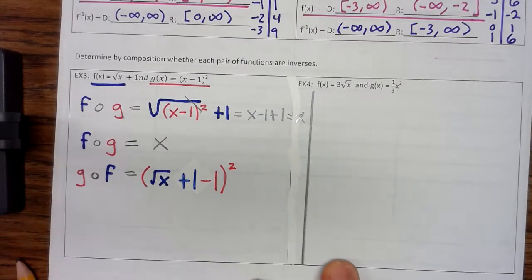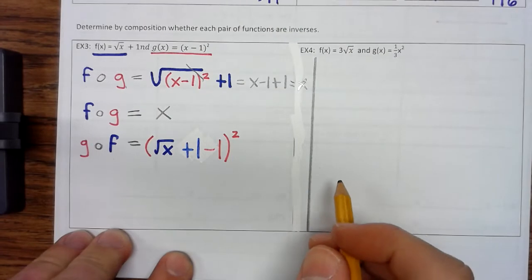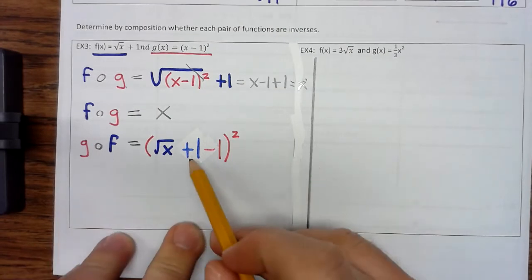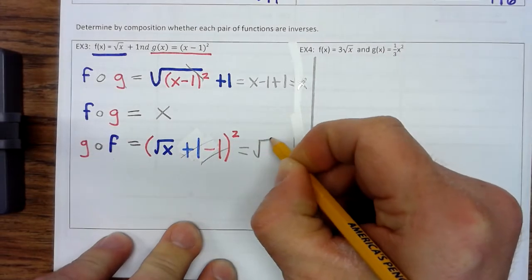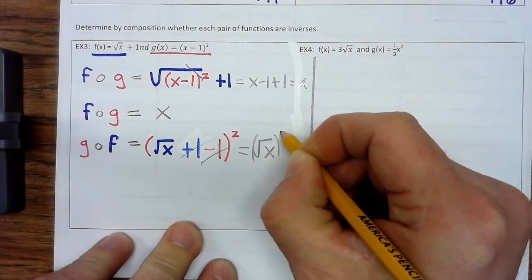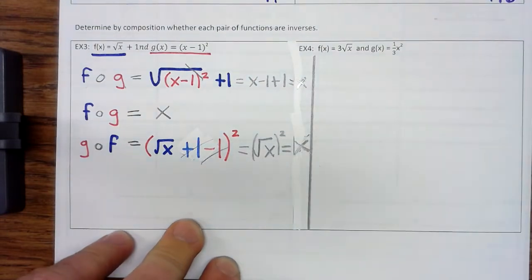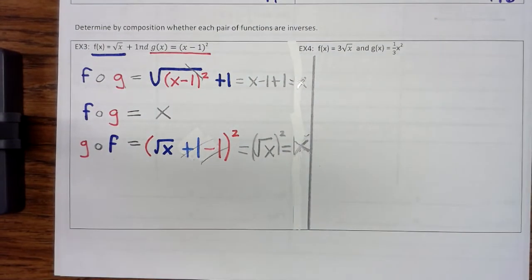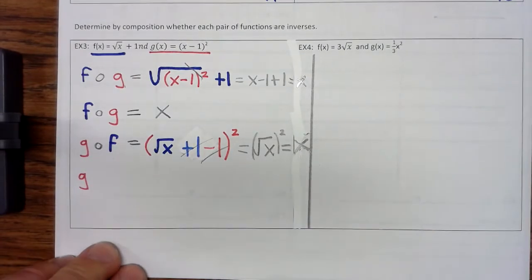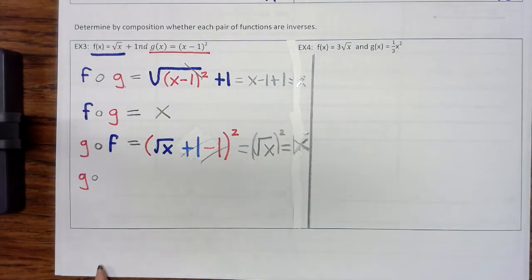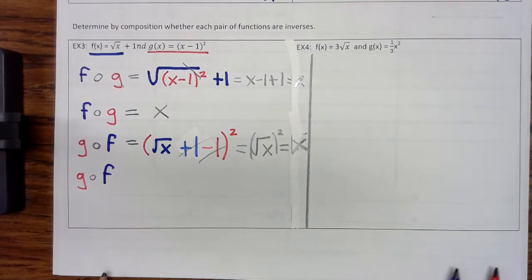Almost made a mistake. All right, now plus 1 minus 1, they cancel, so you're left with the square root of x squared, which again equals x. So we can say that g of f equals x.